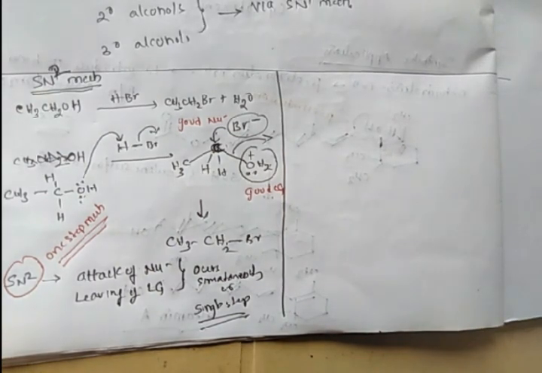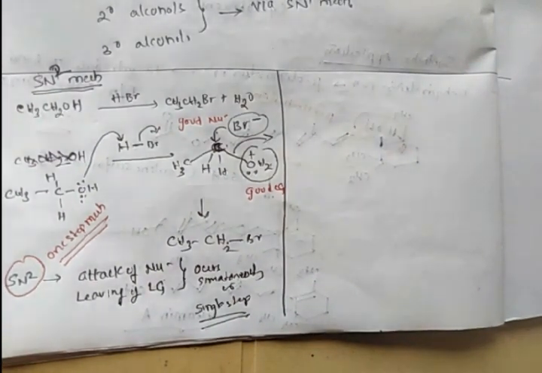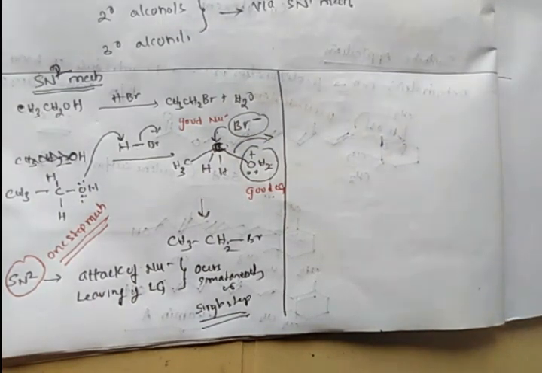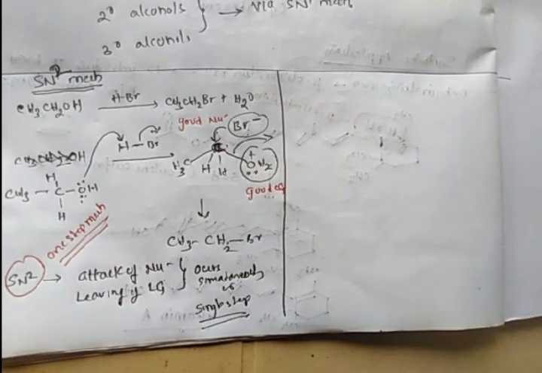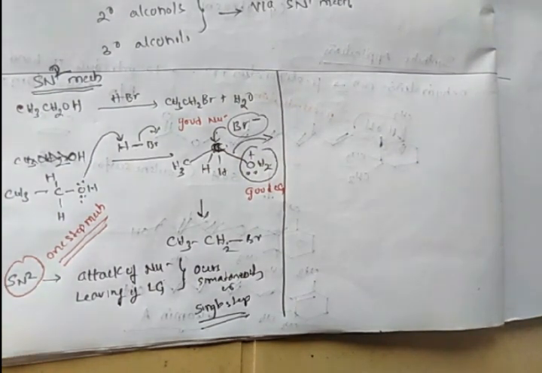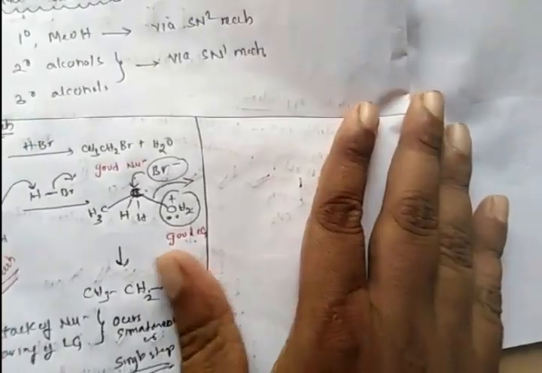So this conversion of an alcohol into alkyl halides follows nucleophilic substitution reaction. Primary alcohols and methanol both participate via the SN2 mechanism. But secondary alcohols and tertiary alcohols participate in nucleophilic substitution reaction via the SN1 mechanism. So now we will discuss the SN1 mechanism.